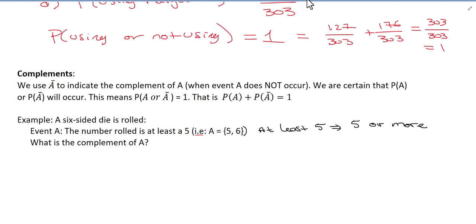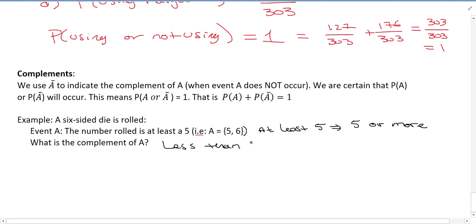So the complement of A, not A, is 1, 2, 3, and 4, right? At least 5 means 5 or more, then not at least 5 means anything less than 5. So 1, 2, 3, and 4. That's how we find the complements.